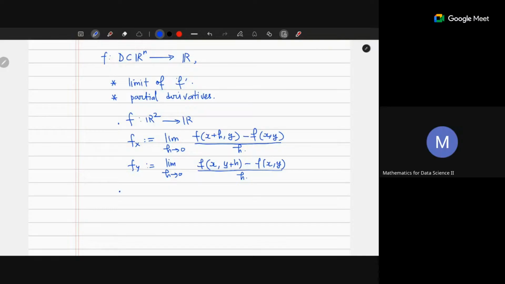Similarly, one can generalize these things. So if my function is defined on a domain inside Rn and it's a real valued function, then I will have partial derivatives. At a point a tilde, which is a vector (a1 up to an) in Rn, the partial derivatives will be defined as f_x1, f_x2, and so on up to f_xn. Okay.